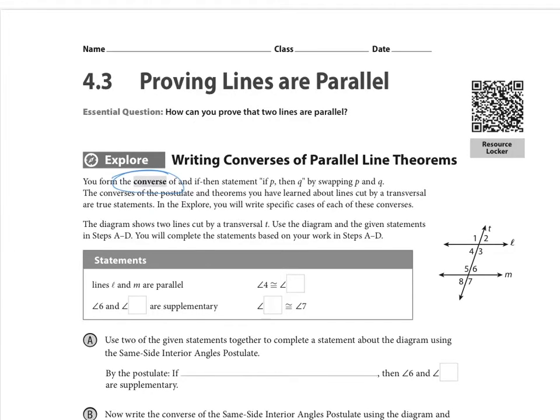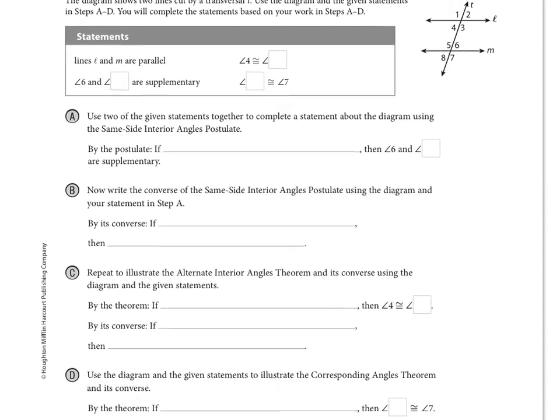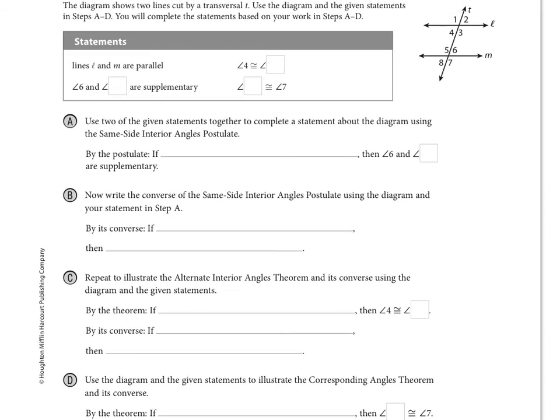Okay, all right, so first off, it says use two of the given statements together to complete a statement about the diagram using the same side interior angles postulate. Remember, we're actually calling it the same side interior angles theorem. We have that switch in names from the last couple of sections also in effect in this section.